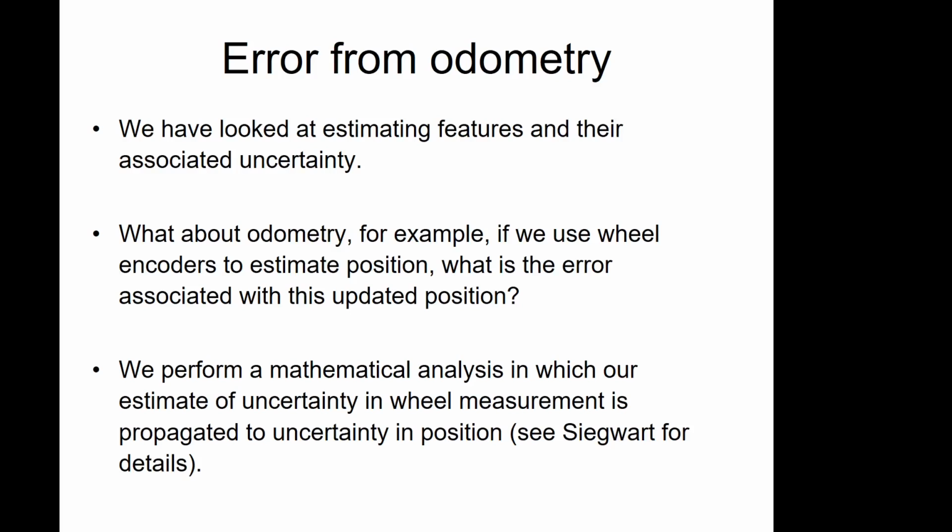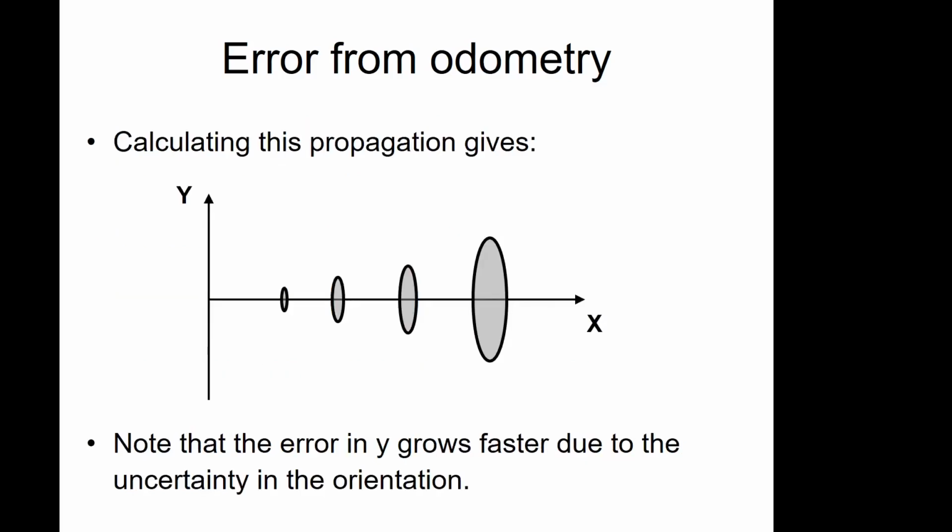If you work through the analysis, which is in Siegwart, the book, for more details, I just want to summarize it here. Due to wheel slip and so on, if you try to track the motion of a robot where you know exactly where it is to start with, because you get these errors in the measurements, as the robot moves you get an error in its X position and also in its orientation.